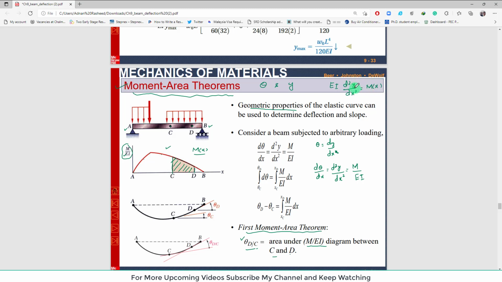So again, d square y over dx square will be equal to M over EI. So placing the value of d square y over dx square as M over EI, we have d theta over dx equal to M over EI.